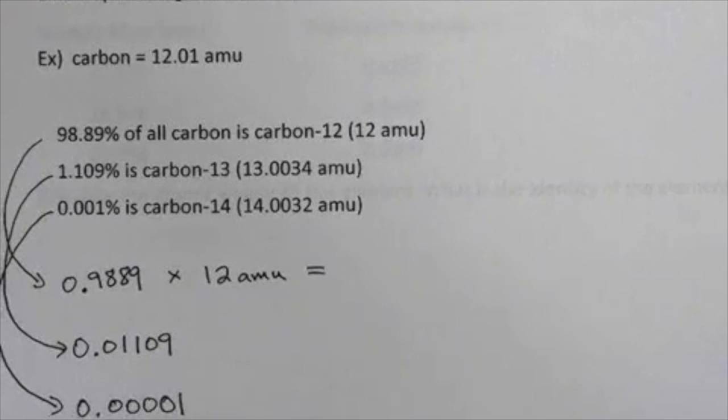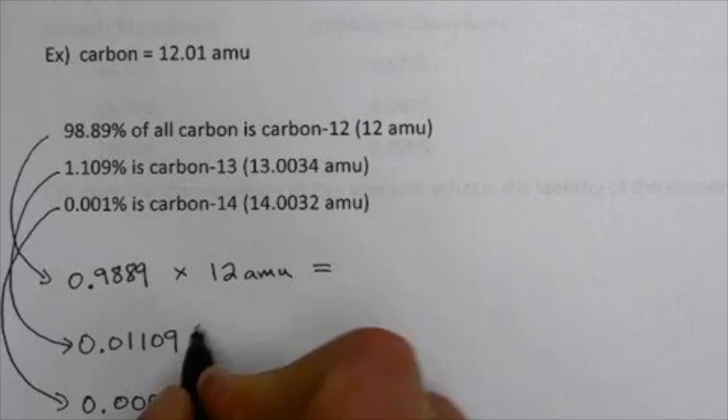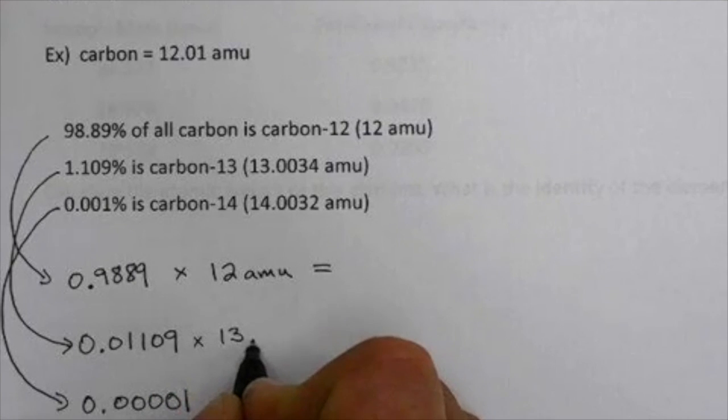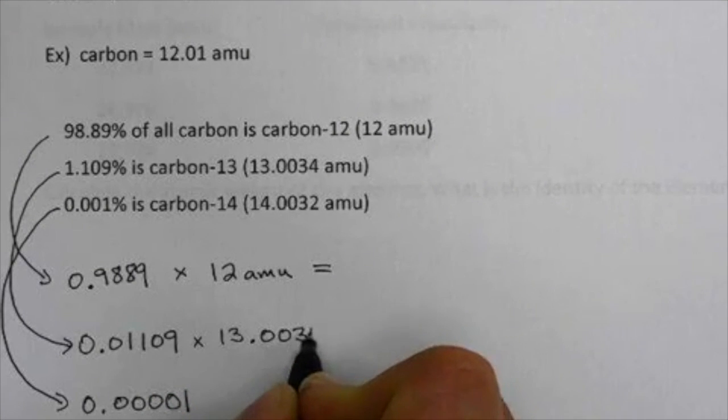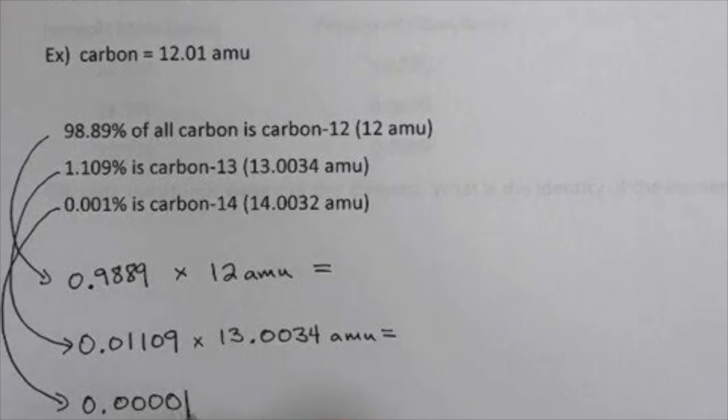For the next one, the 1.109%, that has a mass of 13.0034 AMU. And the last one, which is a very, very slight percentage, is carbon 14, which has a mass of 14.0032 AMU.